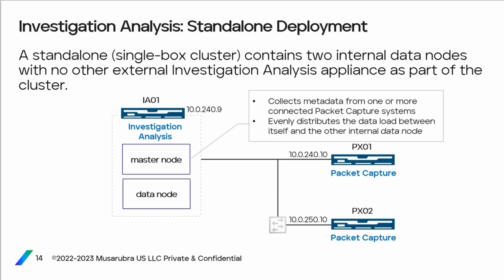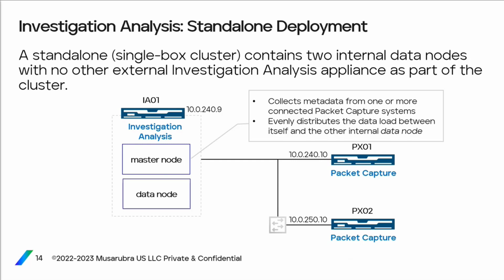In this case, we have two packet capture systems on subnets 10.0.240 and 10.0.250, and both systems are managed and queried by the investigation analysis system for metadata from these two connected packet capture systems.